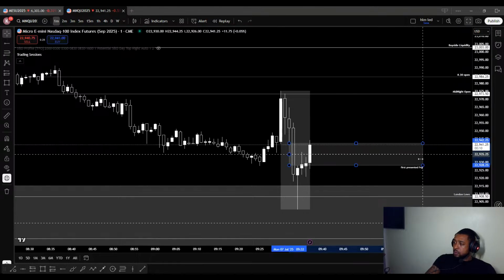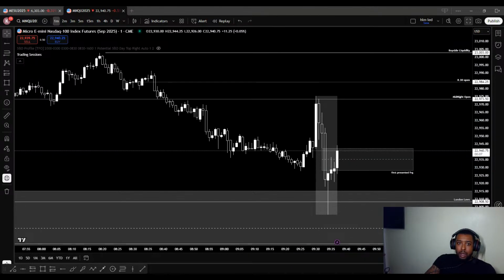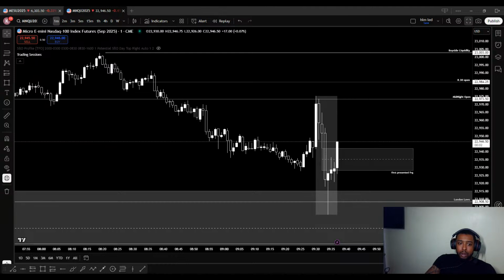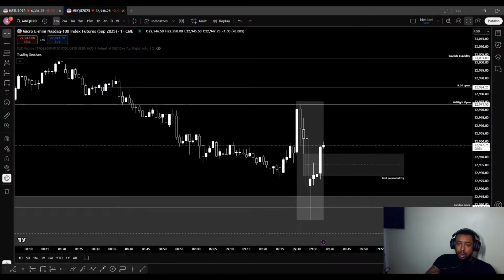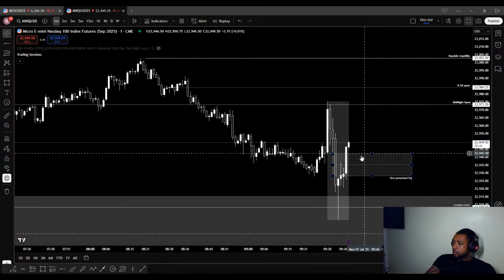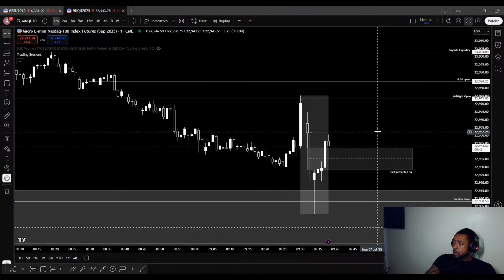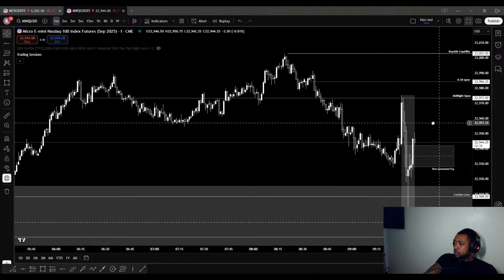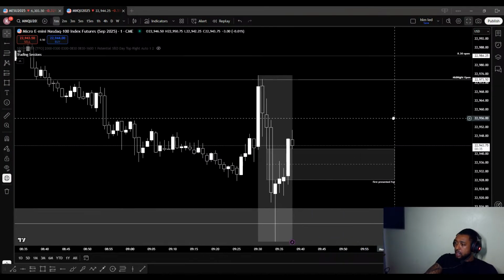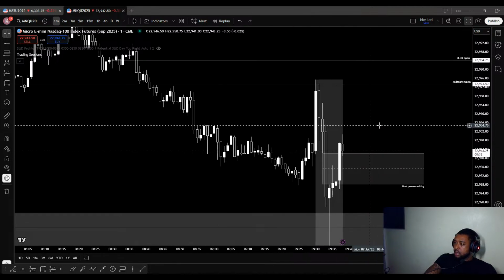It looked like it's using the first presented fair value gap as support. So right now, the only bullish sign is this inverse fair value gap. There's no change in the state yet.